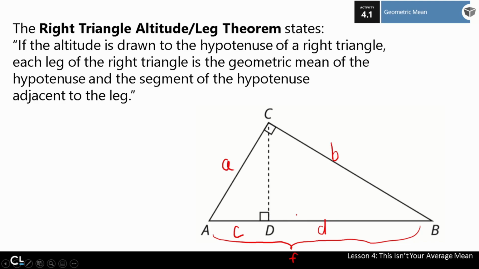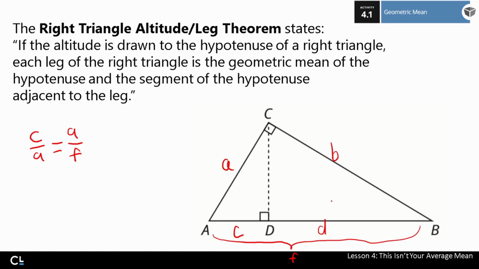So with that in mind, we have to find A and B. We're assuming that we're given C, D, and F. In order to find A, well, A is going to be the geometric mean, but we're going to use C over A equals A over this whole entire thing, F, right? So if we're finding this leg of the big triangle, we're using this portion here of the hypotenuse and the entire hypotenuse.